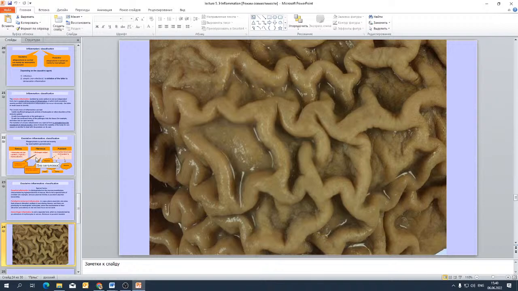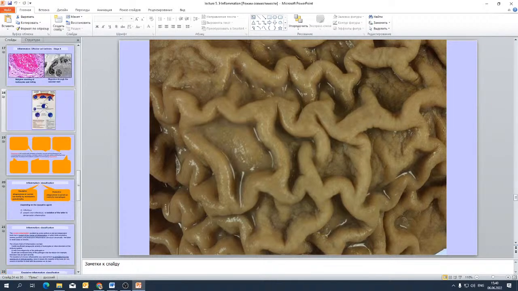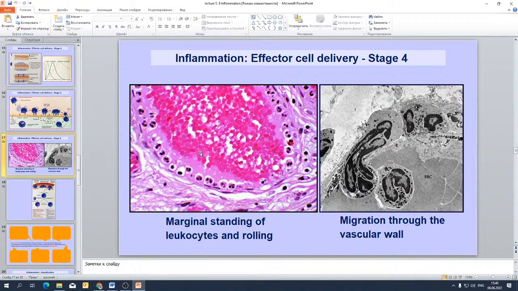Okay, continue. A few questions for you. For example, next question. What does this picture describe? Effector stage, maybe.